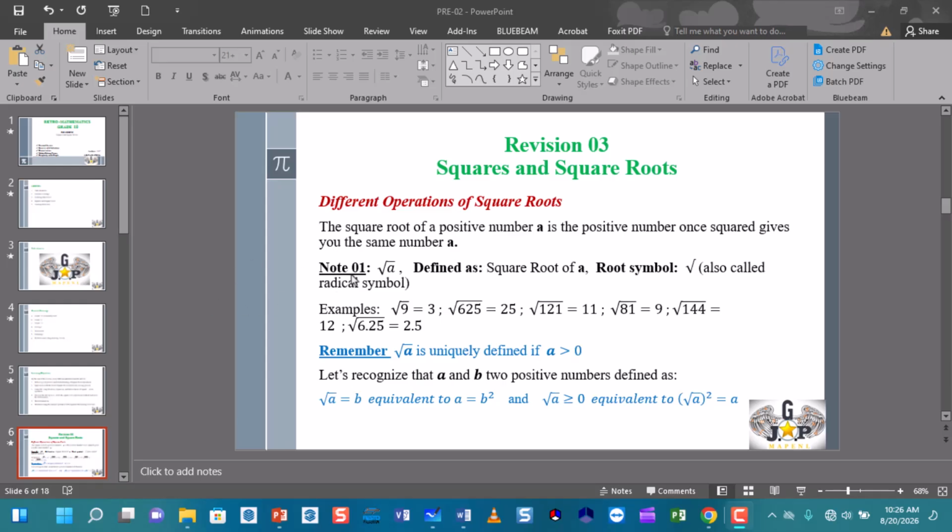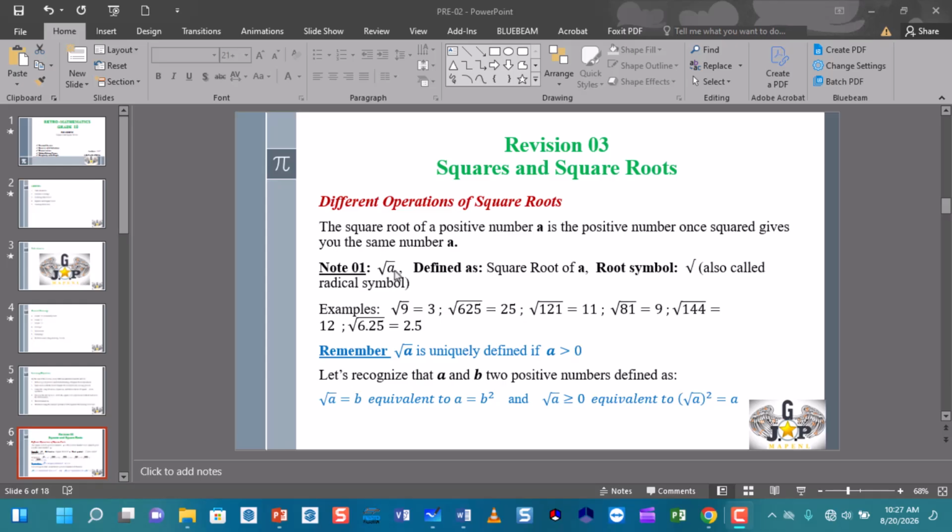So note 1, this is the symbolism of a square root. You have this symbol here which looks like a musical note, and you have a positive number. I'm repeating, a positive number. At this grade, the a here stands for a positive number, which makes the square root itself a positive number.